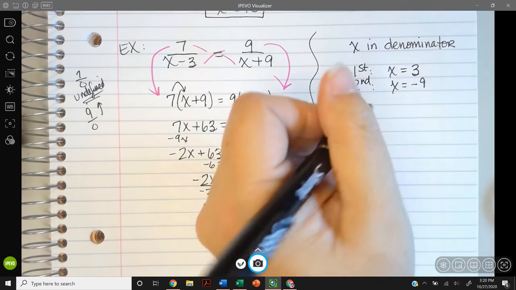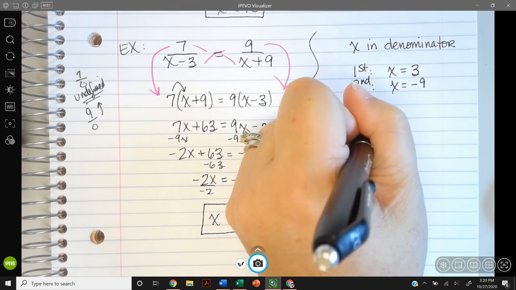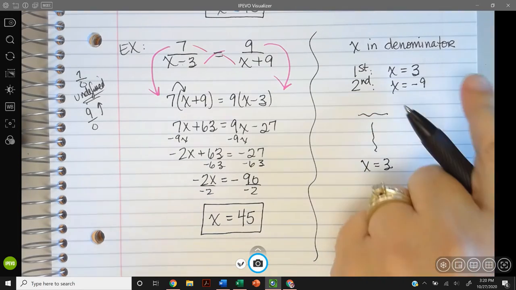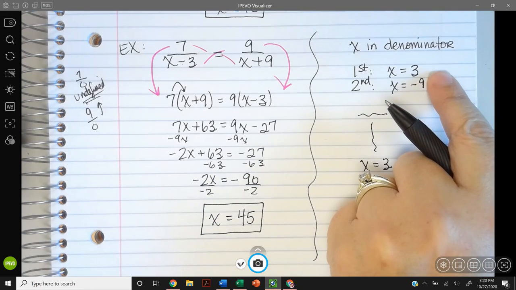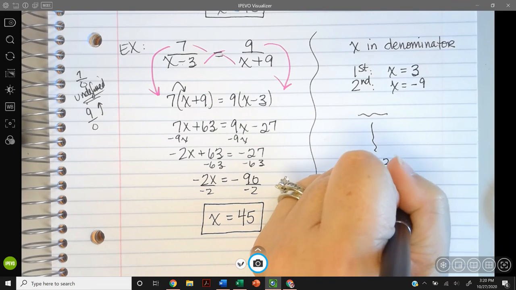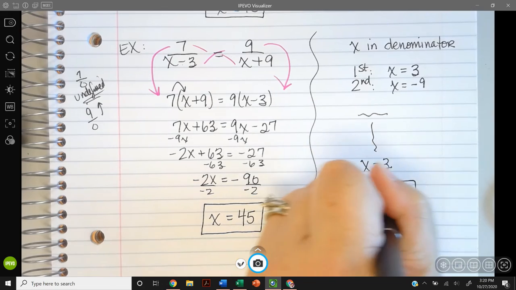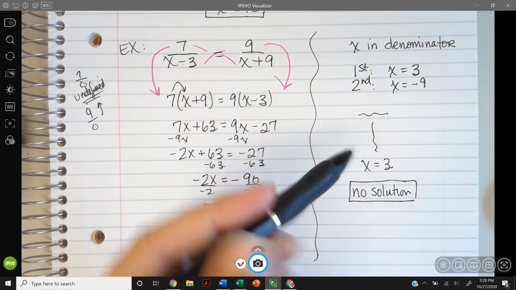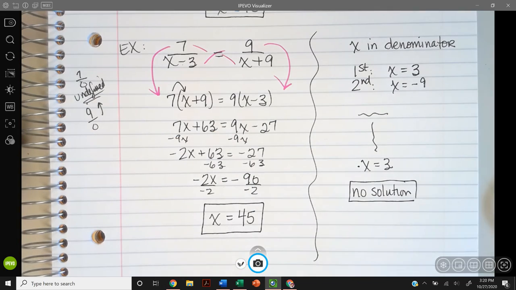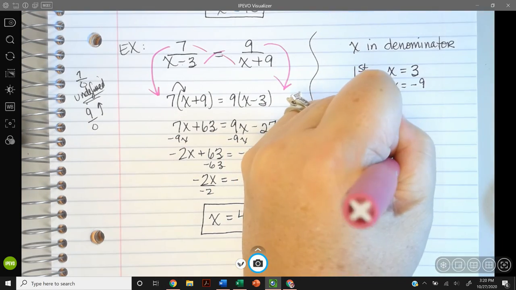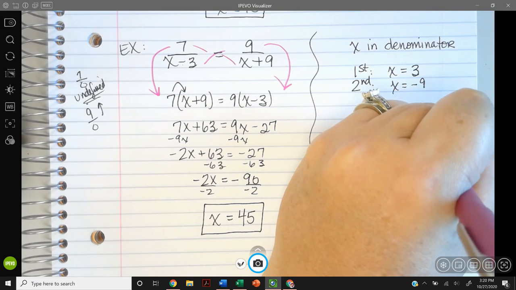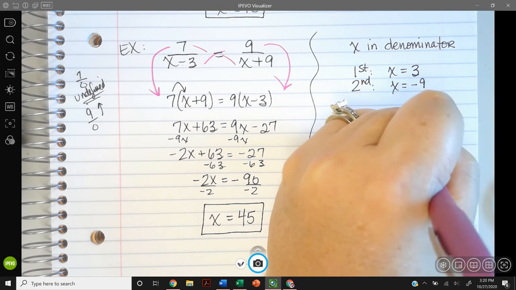If you had done all your work and got x equals 3, and you knew x equals 3 was not allowed, your final answer is no solution. This actually has a name: what's called an extraneous solution.